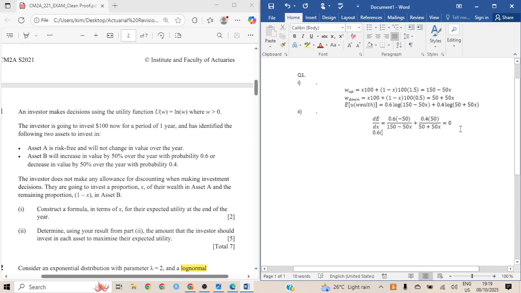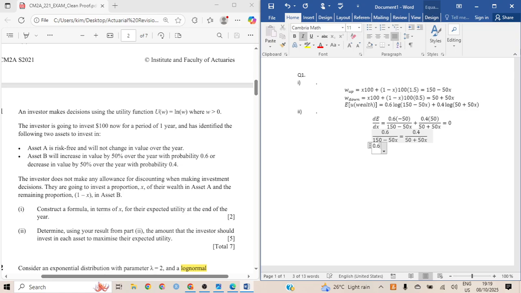So we'll have 0.6, and the 50 on top will cancel, so we have 0.6 divided by 150 minus 50x equals 0.4 divided by 50 plus 50x. Then we just go on to solve for x.